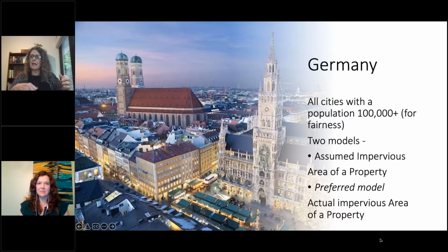They've done a kind of statistical sampling and then divvied it up, and there's an average and everyone pays that, and that is not popular, and it is not as fair, because Germany started their user pay system through fairness, not through mitigating flooding or for the environment. Their other model, which is the preferred one, is the actual impervious area of a property, and I'll get into that a little bit later on.